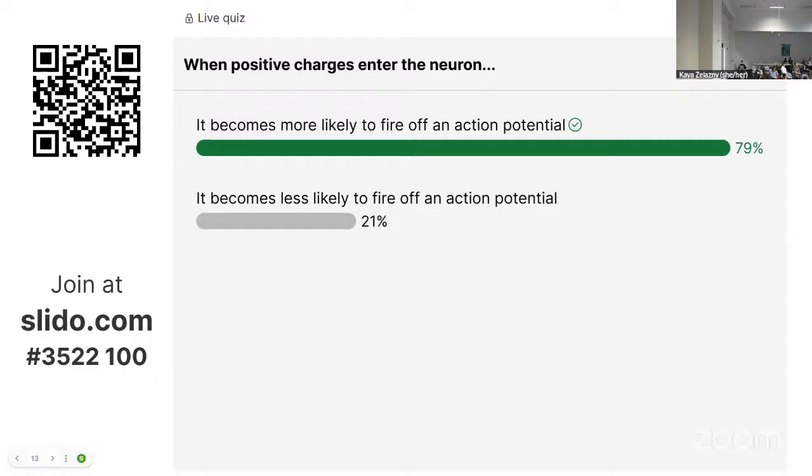We know that both our receptor types eventually get us to open channels. Channels are related to different ions which have charges. So when we have positive charges coming into our neuron, this is going to make it more likely for us to fire off an action potential. Remember, we're trying to get to threshold. We're trying to get from -70 to -55.